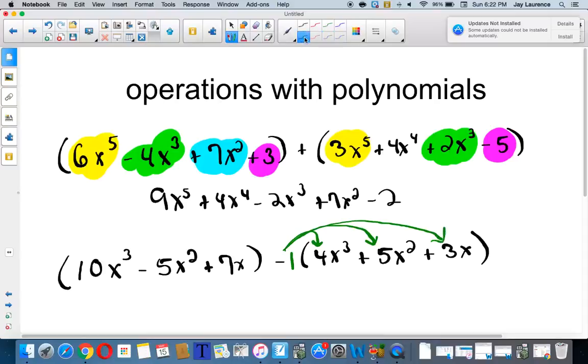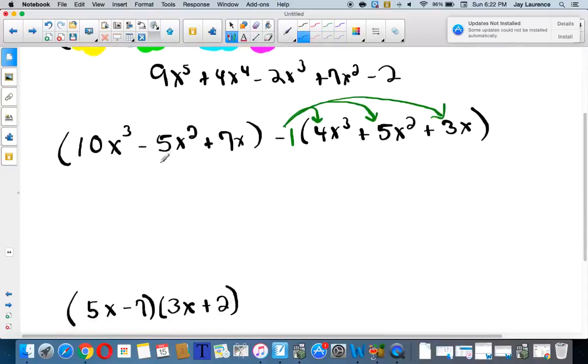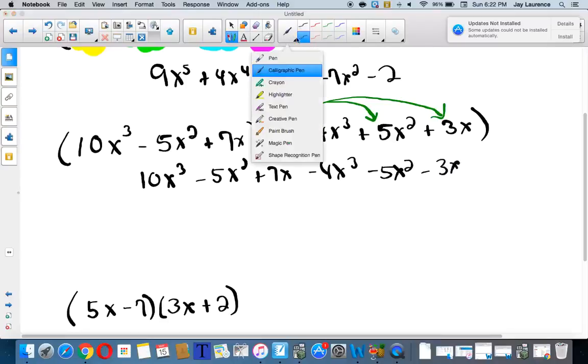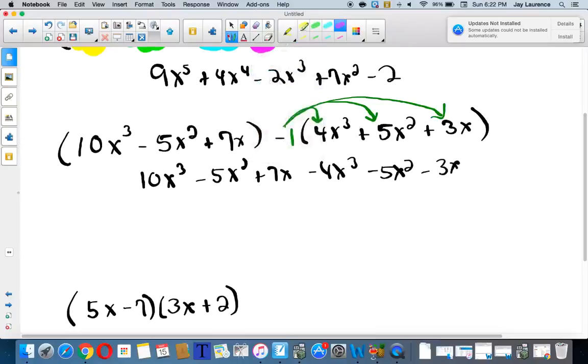So what my problem becomes is 10x cubed minus 5x squared plus 7x, and then I'll have a minus 4x cubed, a minus 5x squared, and a minus 3x. Had one of those terms in the second quantity been negative, it would have changed to a positive, right?